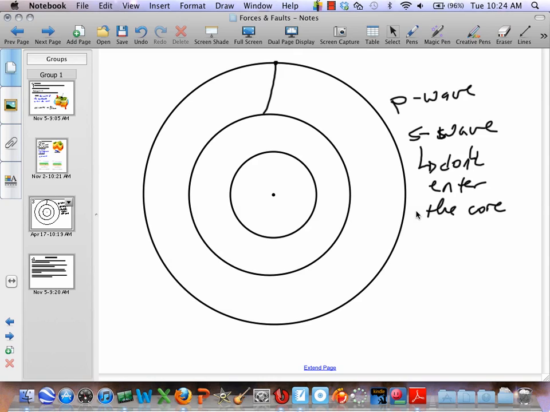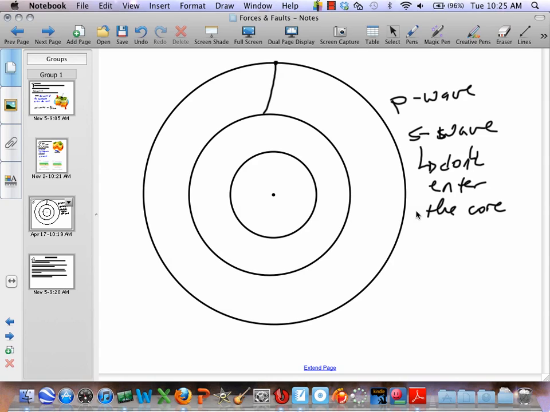Yep. Now, one of the things that's kind of neat is you might have asked yourself, how do they know where that earthquake occurred? You ever asked yourself that? Say an earthquake happens out in the middle of the ocean, and you're like, okay, there's nobody in the middle of the ocean. Tell me that earthquake just occurred there. How do we know that's where the earthquake occurred?